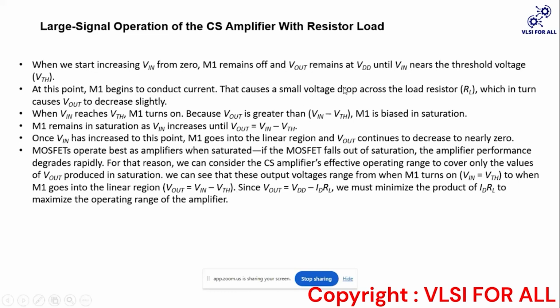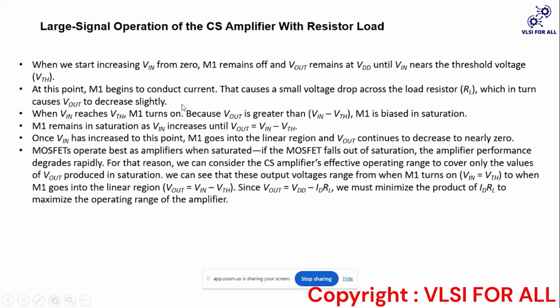And hence the output voltage is at VDD, right? When we are increasing the V in, when it reaches near the VTH, that is the threshold voltage, the channel charge inversion will happen, and then NMOS will start conducting, and current will flow through the channel.